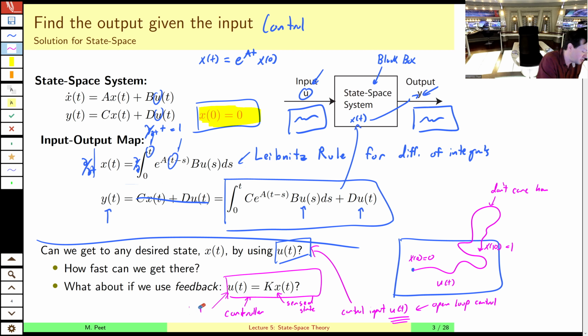So current input signal, I guess I should call it. Current controlled input. Okay. So we'll make that distinction later in the lecture.